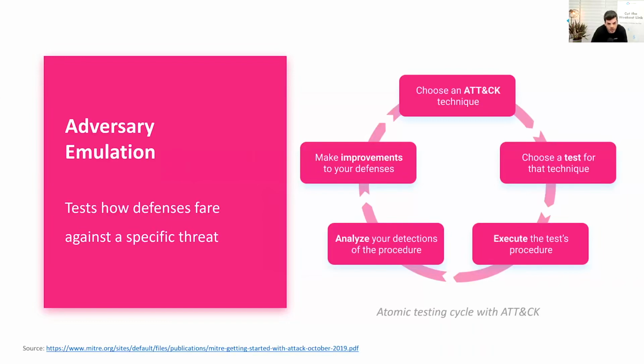Sorry about that. So adversary emulation, for those of you who need a recap, is one of the most popular and useful use cases for the ATT&CK framework, which basically allows the organization to test their defenses against specific threats. The ATT&CK framework can be very beneficial to measure, test, and then also make improvements to defenses based on the different adversary tactics, techniques, and procedures.